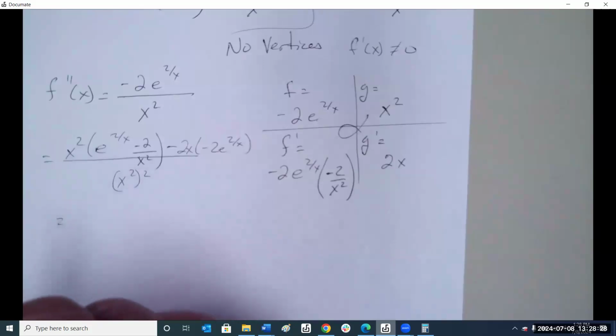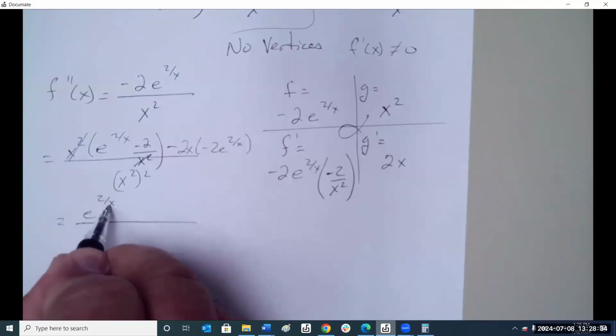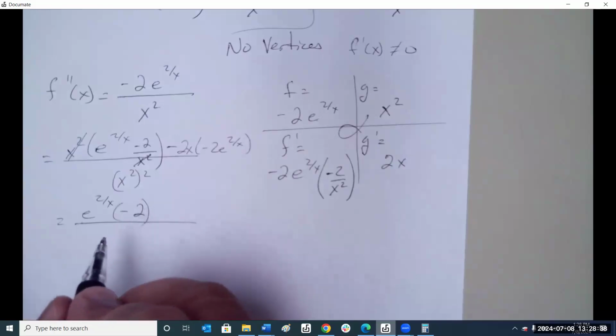So x squares cancel here, so we just have e to the 2 over x times -2 times -2.